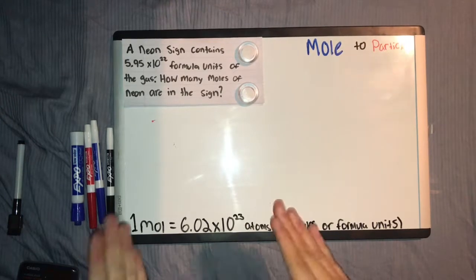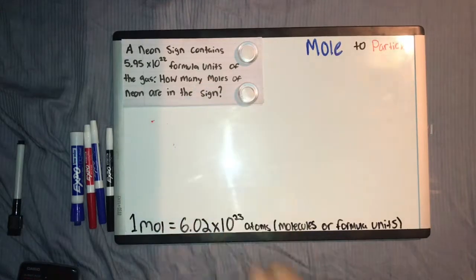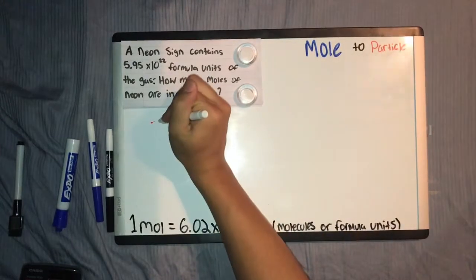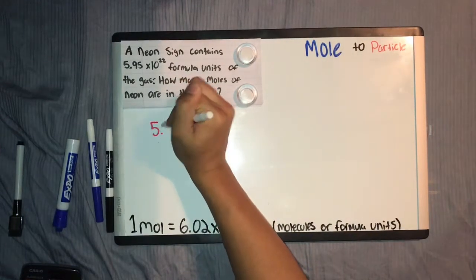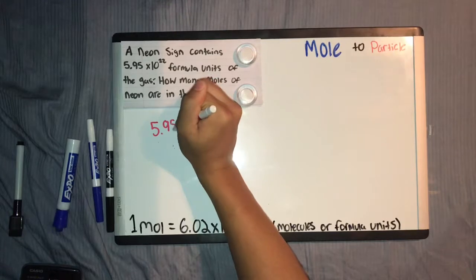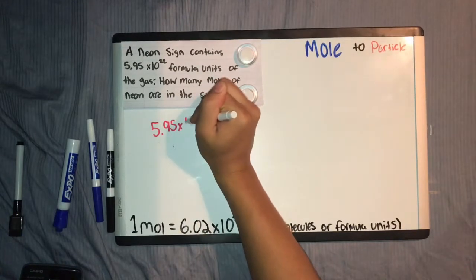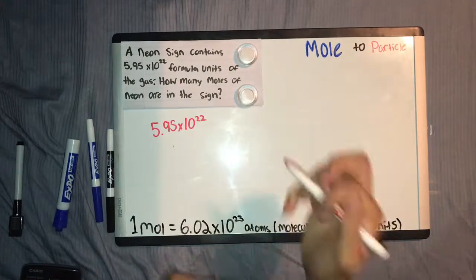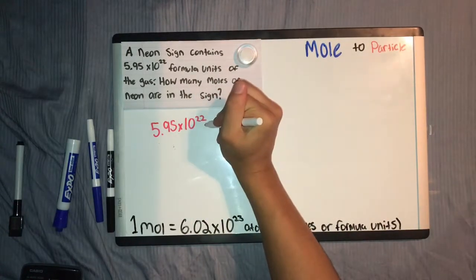Alright, so this time we're given formula units first, so they're giving us the amount of atoms first. So we'll start with that over 1. So we got 5.95 times 10 to the 22nd, and then atoms.